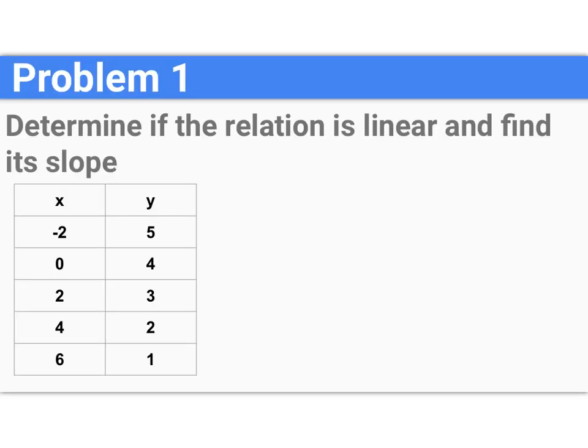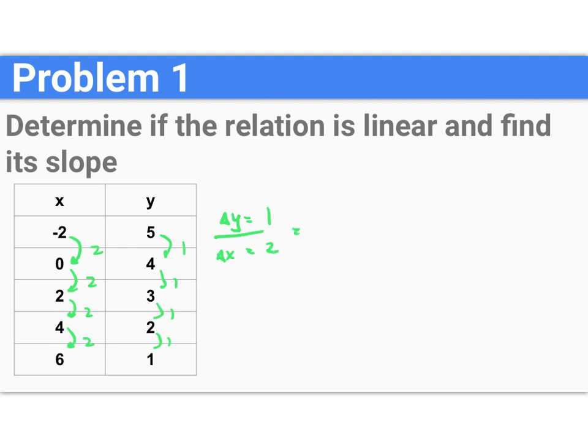Okay, so determine if the relationship is linear and find its slope. So what do we mean? Well, all you got to do is find the relationship. The change in y is 1. The change in x is 2.